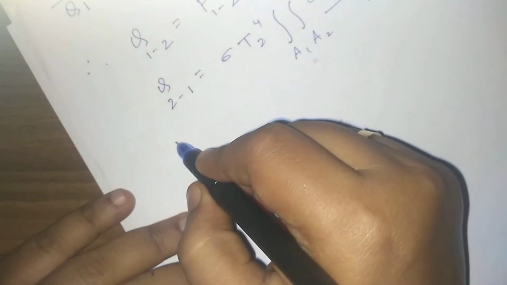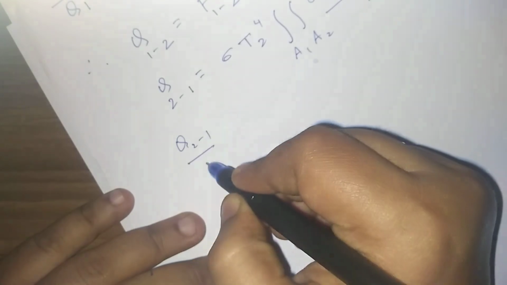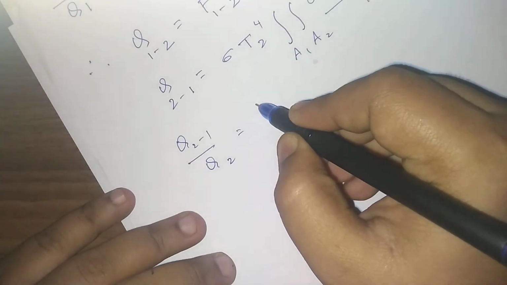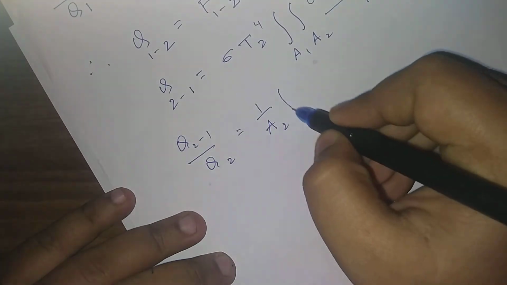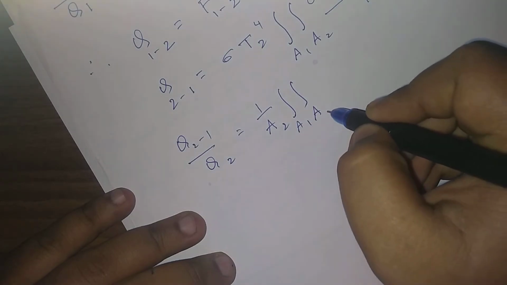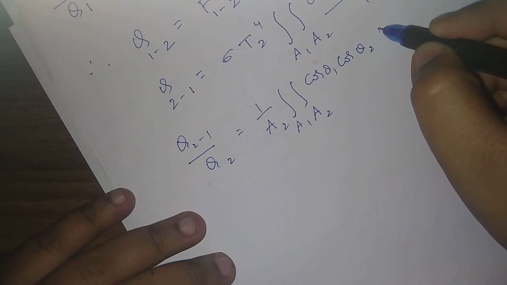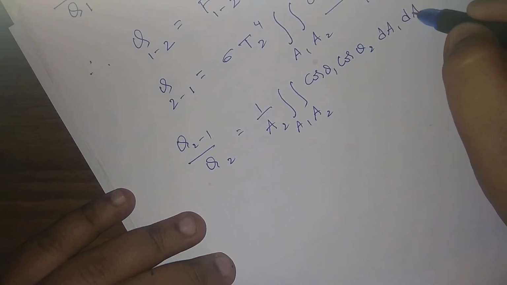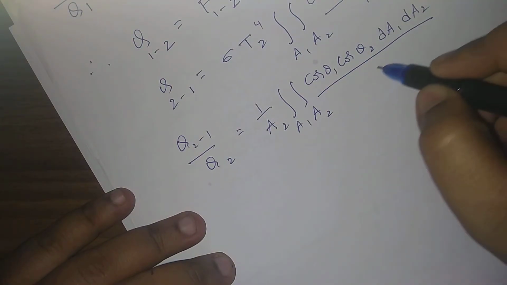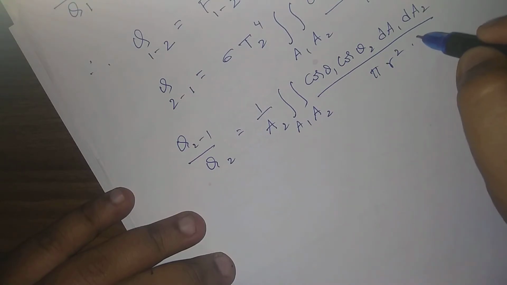So similarly, if you try to do Q2→1 divided by Q2, it turns out to be what? A2 integral A1 A2 cos theta 1 cos theta 2 dA1 dA2 whole divided by pi r squared.